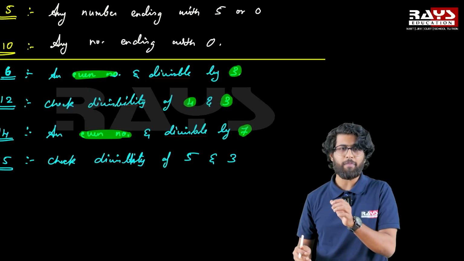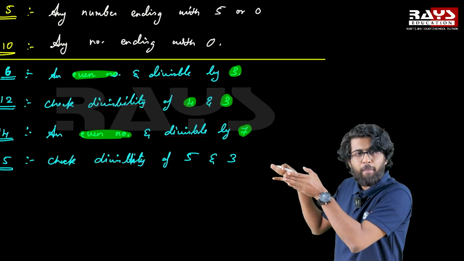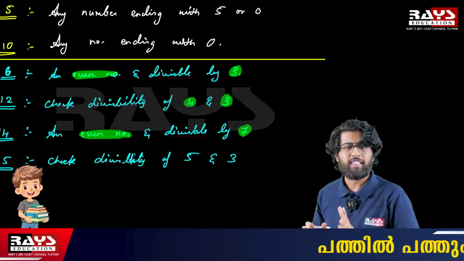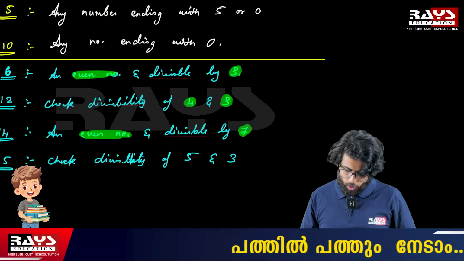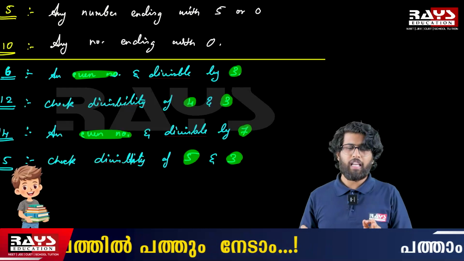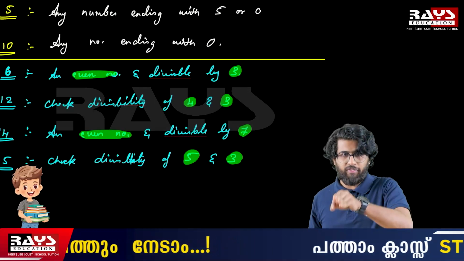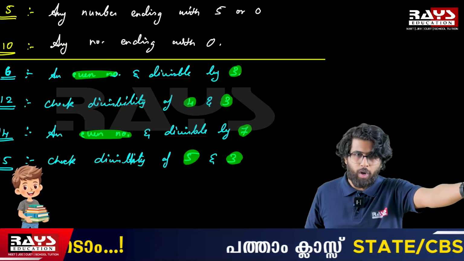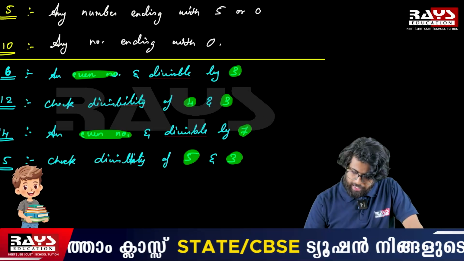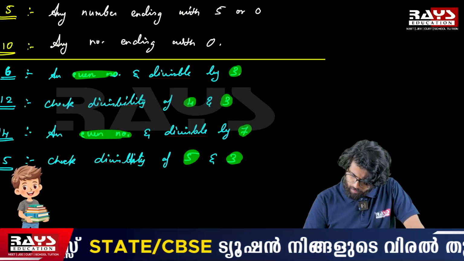That means the number should end with 0 or 5, and it should also satisfy the divisibility rule of 3. That is very important. So if a number ends in 0 or 5 and also satisfies the divisibility rule of 3, then consider it divisible by 15. Okay, done.